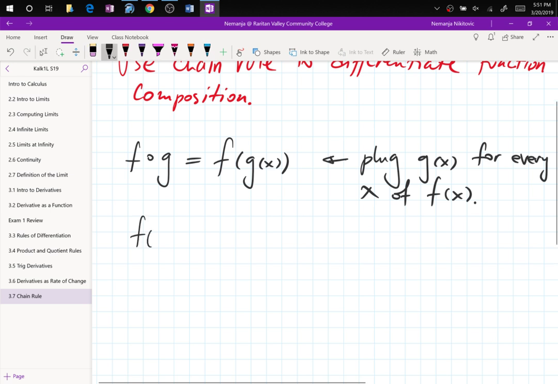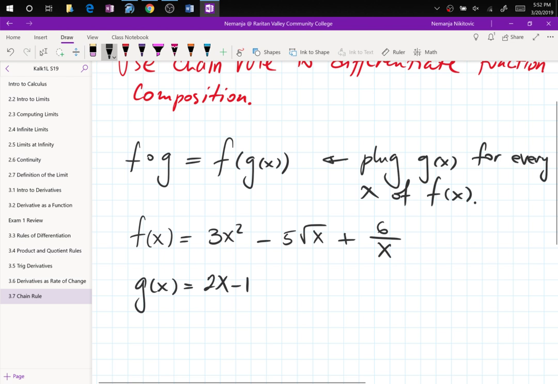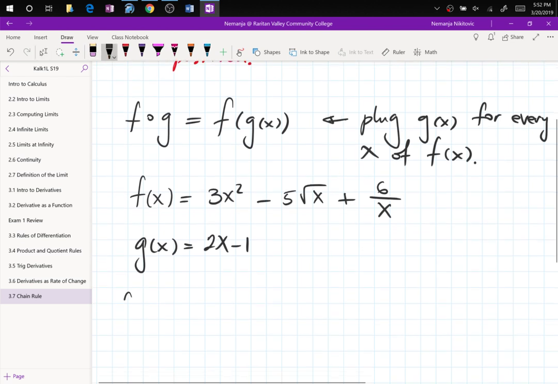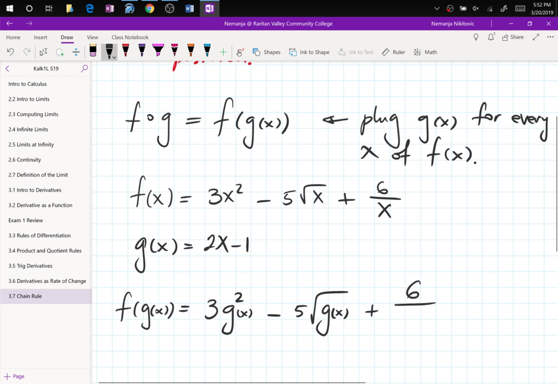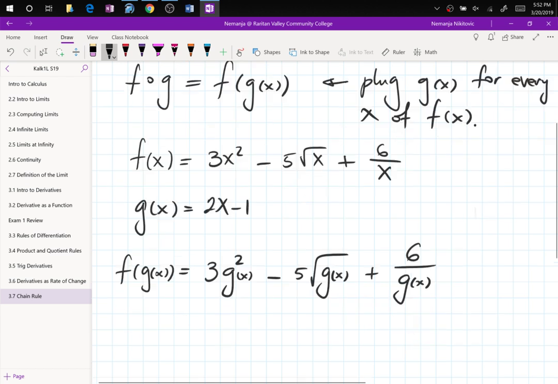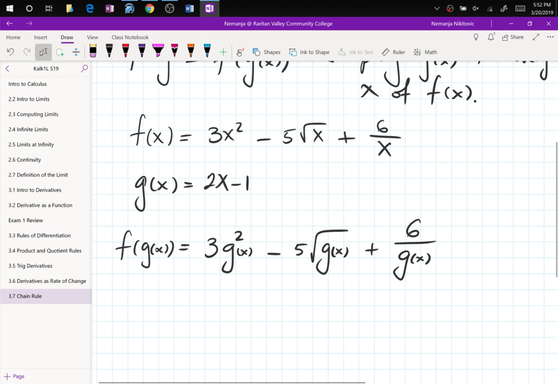So if I have that f of x is given as 3x squared minus 5 root x plus 6 over x, and g of x is 2x minus 1, then f of g of x would be 3g squared minus 5 root of g plus 6 over g of x, and then I replace each one of these g of x's with what it is.